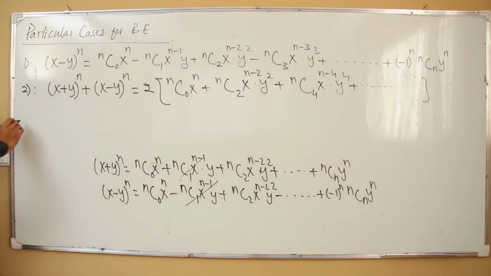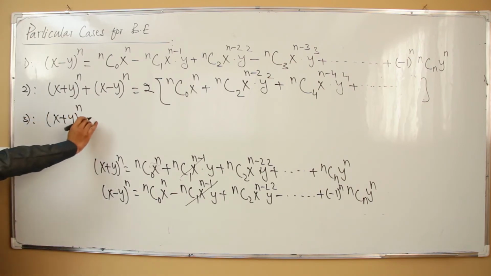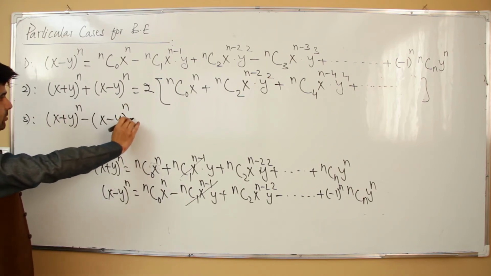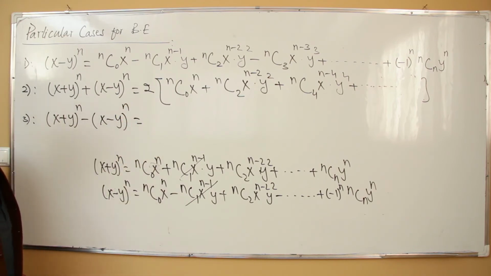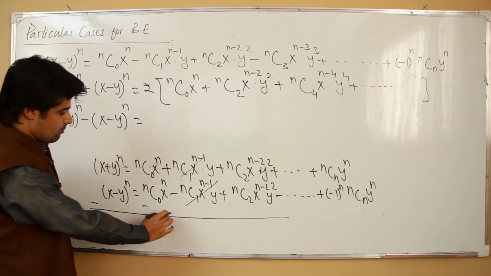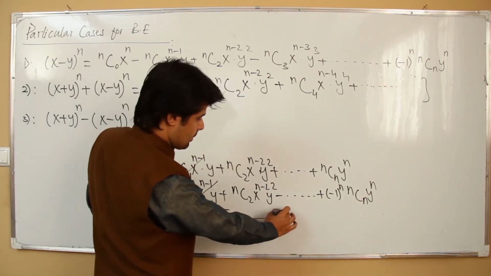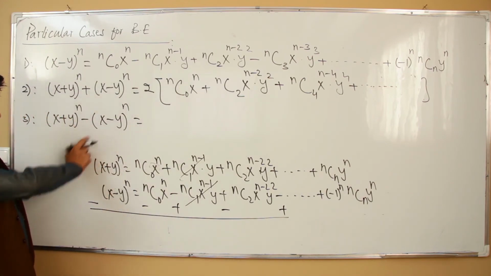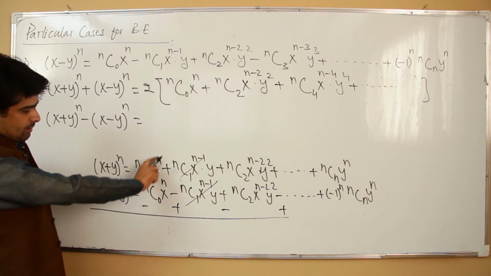If we want to define (x + y)^n − (x − y)^n, how can you define this one? It means these two formulas should be subtracted from each other. This is minus, minus, plus, like this, so the even terms get cancelled.